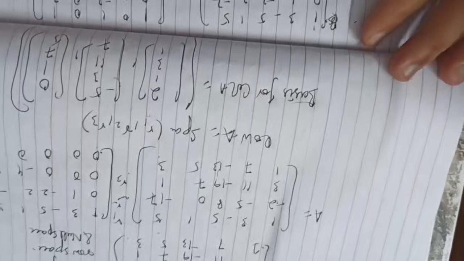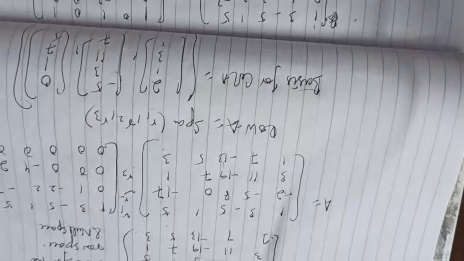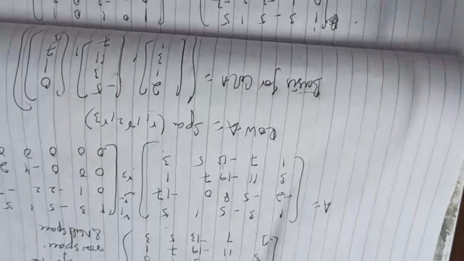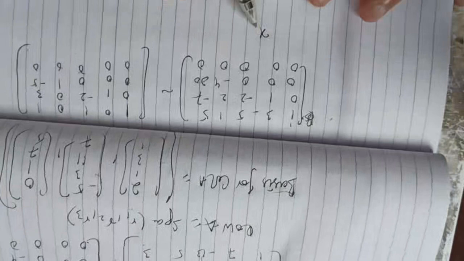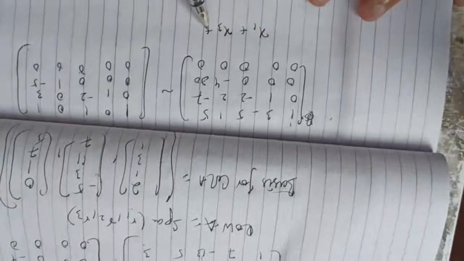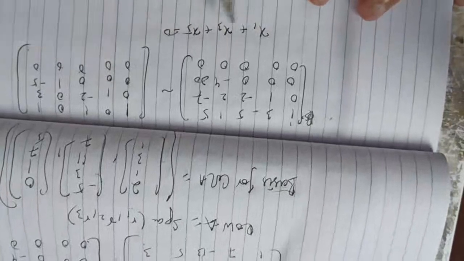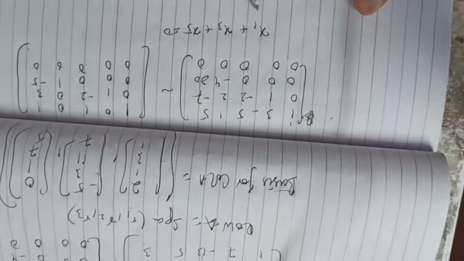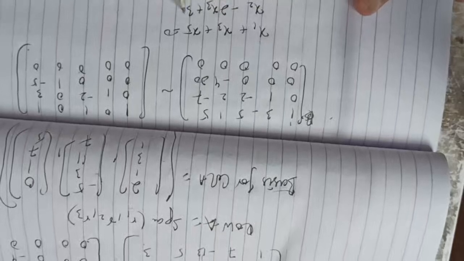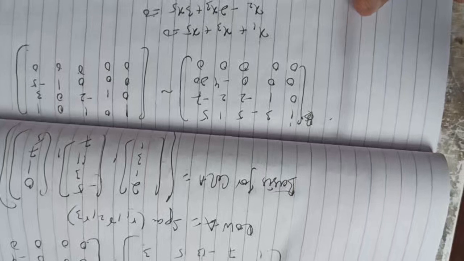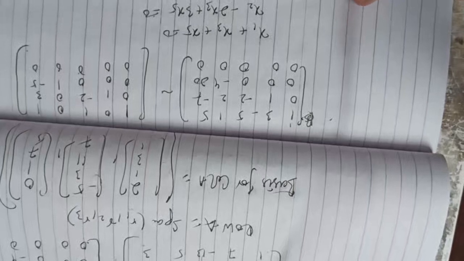Now we can see this is equivalent to the following equations: x1 plus x3 plus x5 equals 0, the first row. The second is x2 minus 2x3 plus 3x5 equals 0, and the last one is x4 minus 5x5 equals 0.